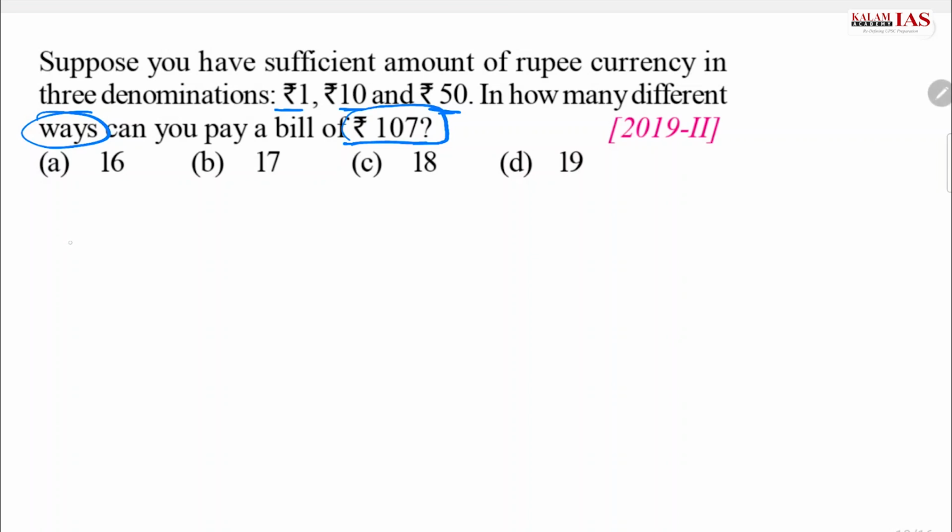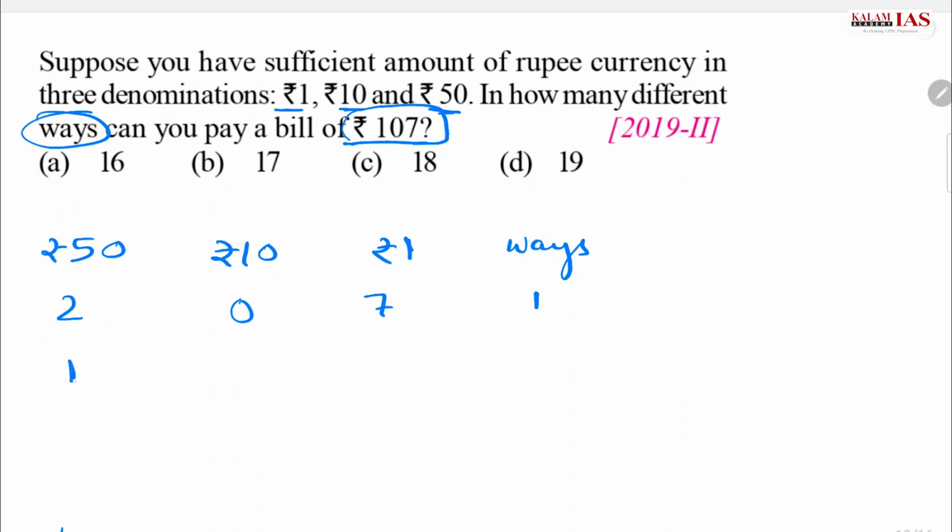We can make a table for rupee 50, rupee 10 and rupee 1. हम 50 का नोट ले सकते हैं, 10 का ले सकते हैं या 1 रुपये का ले सकते हैं. अगर हमने 50 के 2 नोट लिए तो 10 का एक भी नहीं ले सकते. We cannot take a 10 rupee note because that will cross 110, and for rupee 1 we can take 7 notes. So this is one possible way.